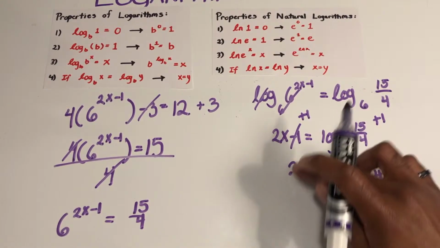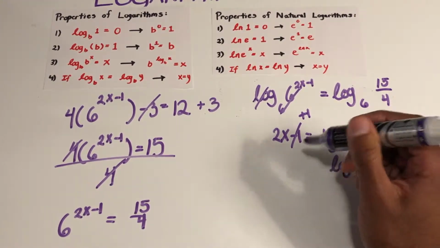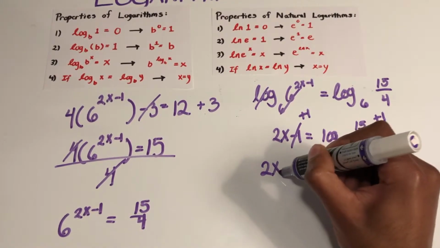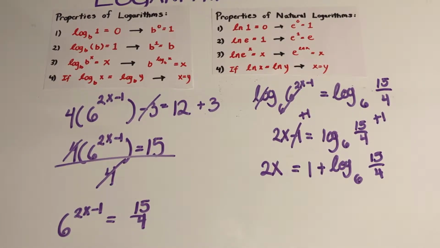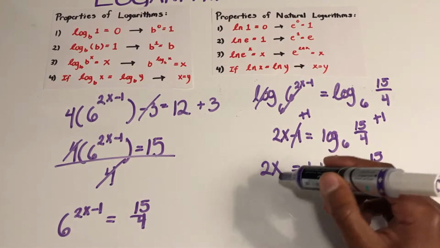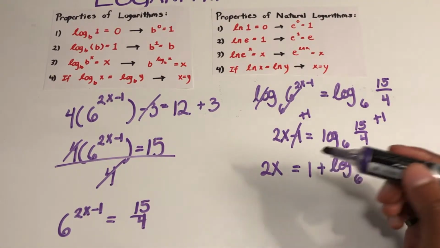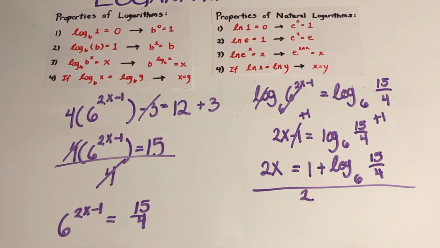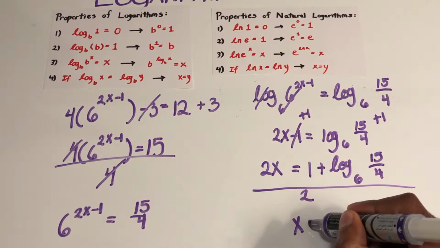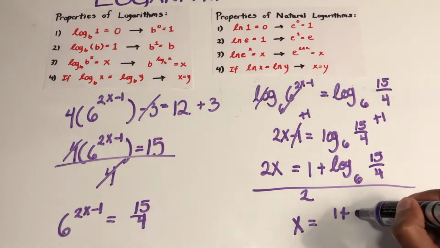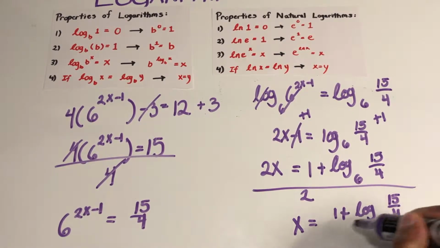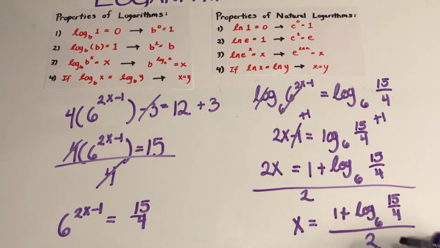In standard form it's usually better if we put the constant in front, just so that it looks cleaner, like that. And then we have 2 next to the x. What we can do is just divide by 2 on each side. We're going to end up with x is equal to 1 plus the log base 6 of 15 over 4, all this over 2. And that's our answer.